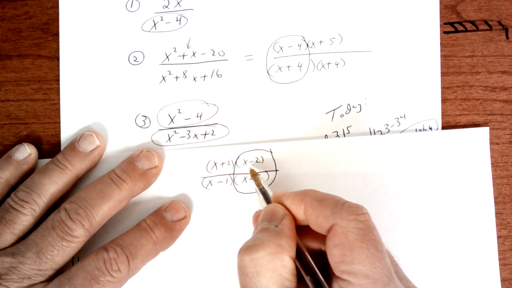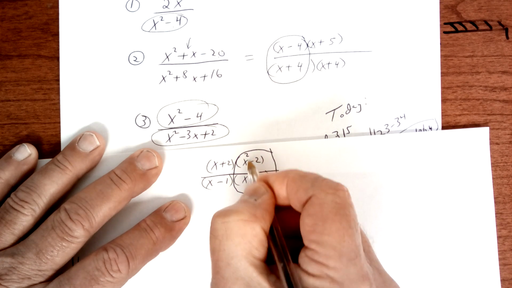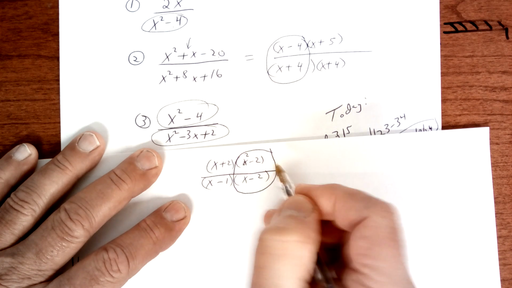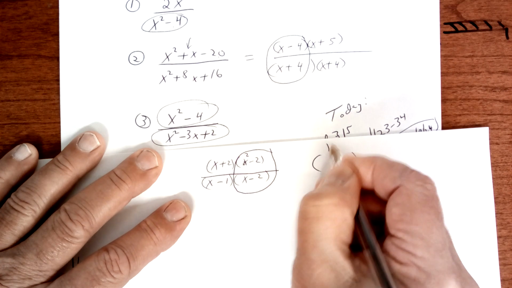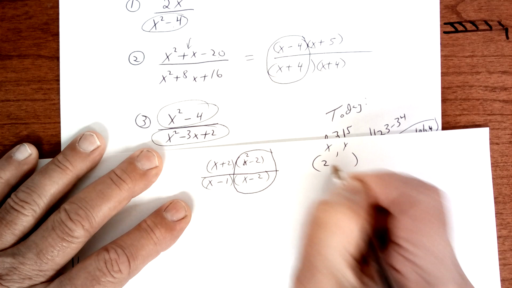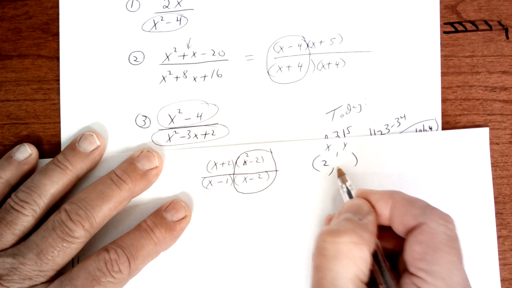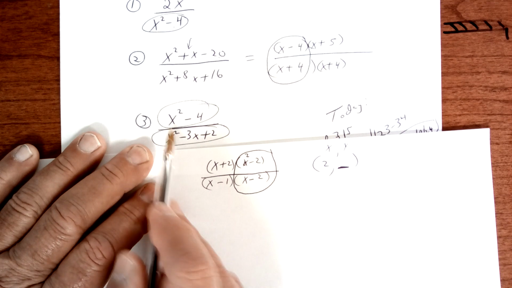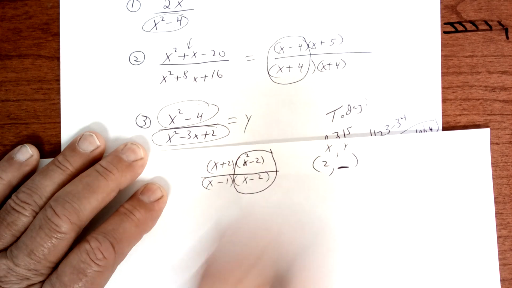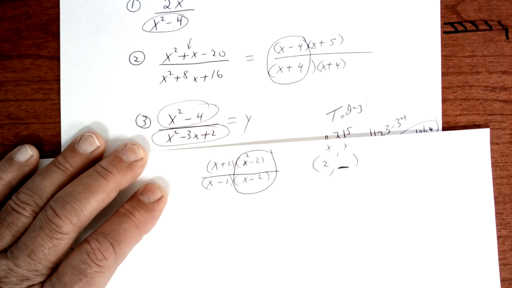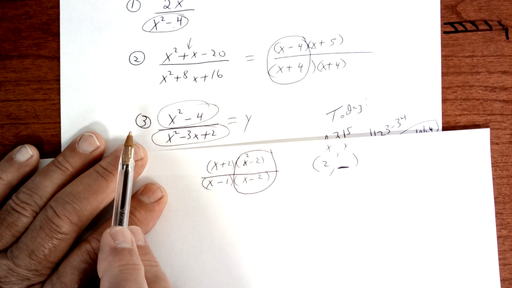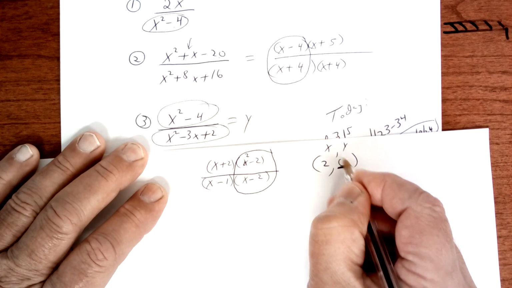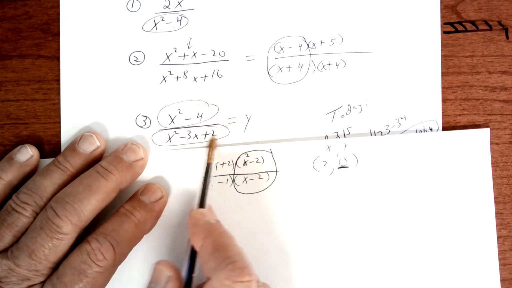So if you have a positive 2, you would get 0. So your hole is going to be at positive 2. So x is at positive 2. Now, if you want to find your y value, you would plug your x in here and get your y value. Okay, I'm not going to do that, but you could do it. 2 squared is 4, 4 minus 4 is 0, so it looks like you might get 0 on this one. Okay, 0 over something is still 0.